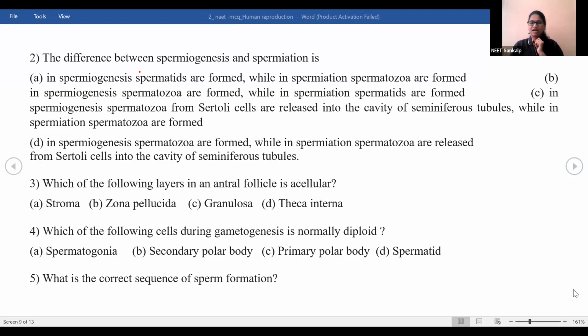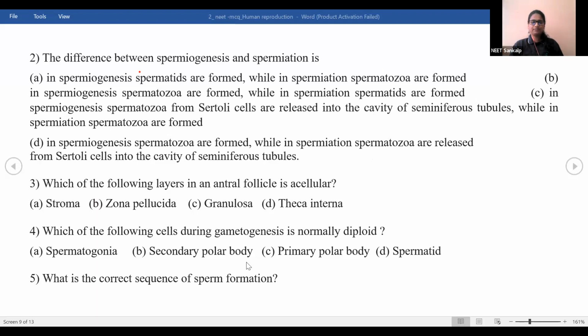Nagini answered it, option B, secondary polar body.